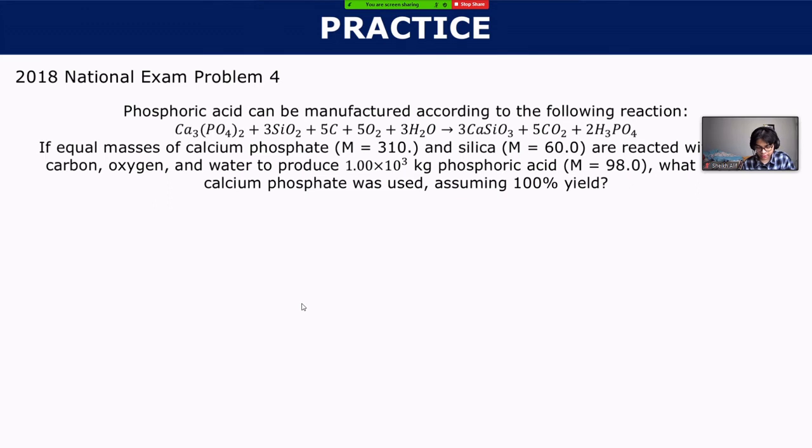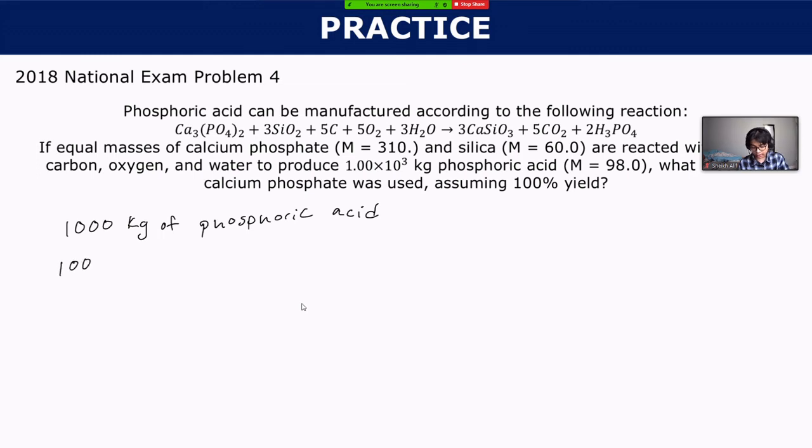Okay, so let's use the information that we know. We know that we have 1,000 kilograms of phosphoric acid. And we can manipulate this number to get us the number of moles of phosphoric acid.